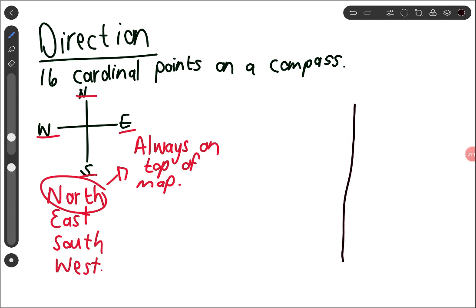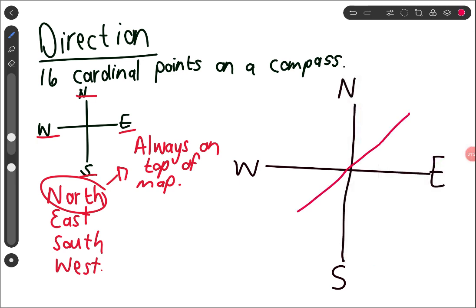So we can start with what we have: north, east, south and west. Then all you do is you make it in halves. Then you use the main directions you have been using all along, and you see this direction is between north and east. Therefore, it is northeast.